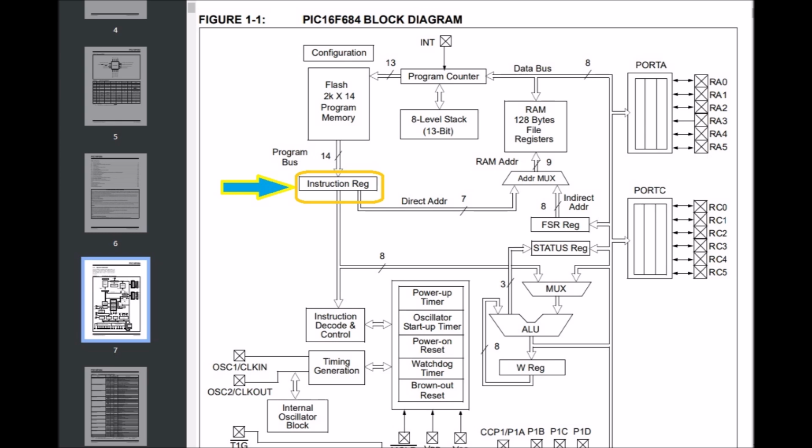The next role of the instruction register is decoding. The instruction register contents are decoded by the instruction decoder, which interprets the binary code of the instruction to determine the required operation.